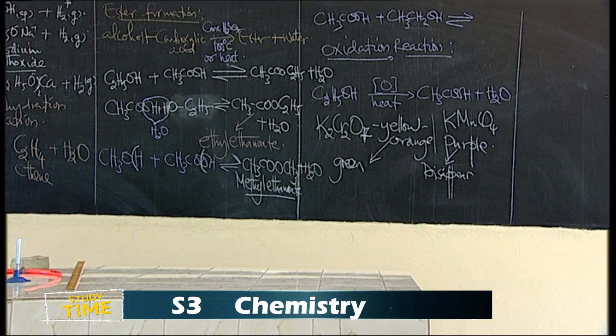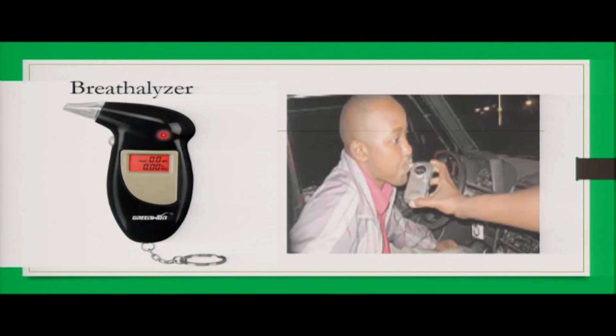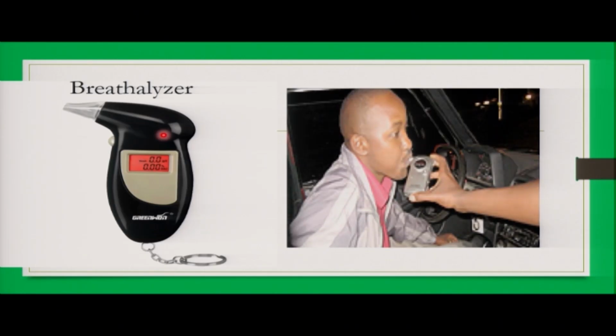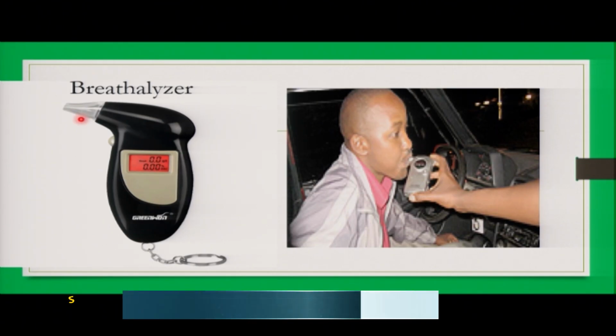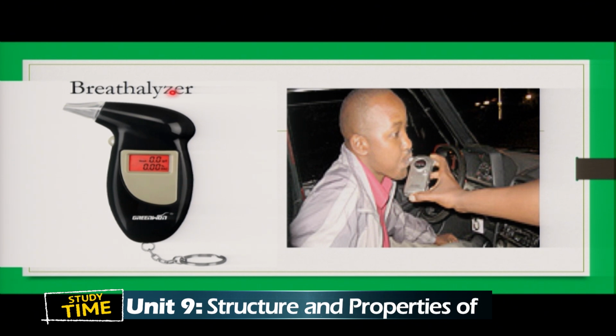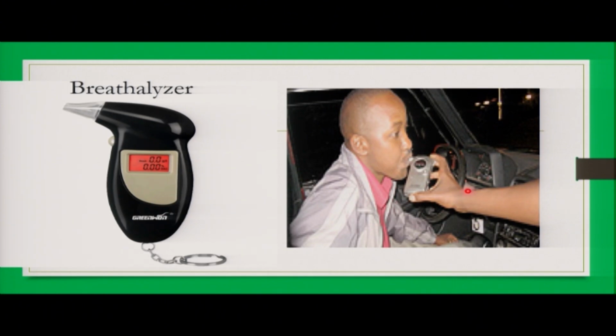And for that reason, this reaction is used in breathalyzers. The breathalyzers are the ones that test the amount of alcohol one has taken. This is an example of a breathalyzer. When you are driving and you have taken some alcohol, they will ask you to breathe your air into this equipment.